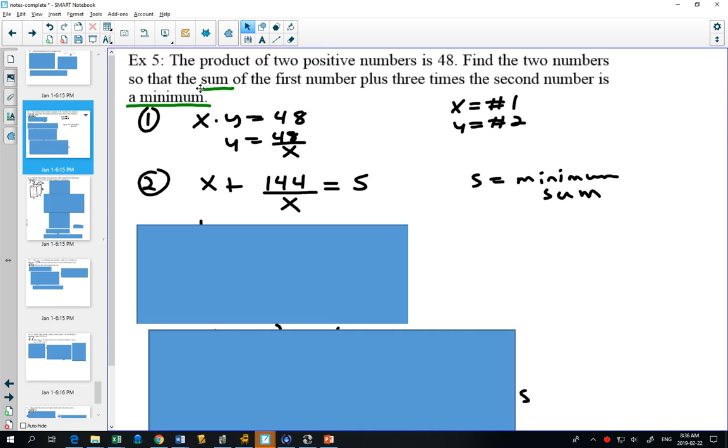But once you get one of your variables by itself, you can now create that equation that's equal to the sum. That's an s, not a 5. The sum of the first number, so if we call the first number x, and then we take the second number and times it by 3, so you might have a preliminary step in here that says x plus 3y is equal to my sum.